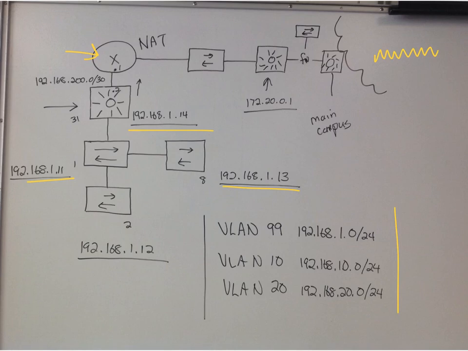This was the addressing in between. And we did NAT, converted all of these addresses. We had a default route going out and a static route going back in. Alright, that is it.